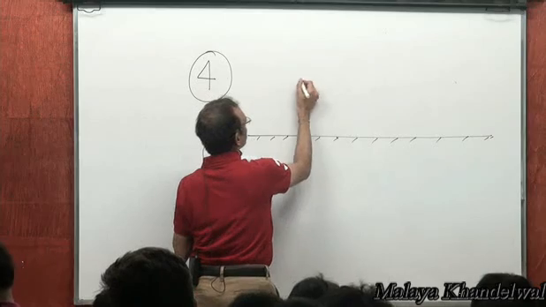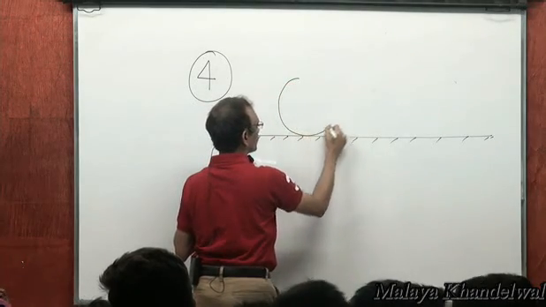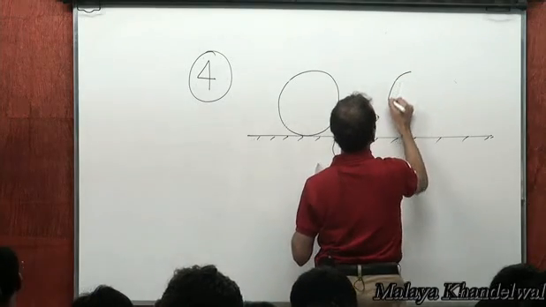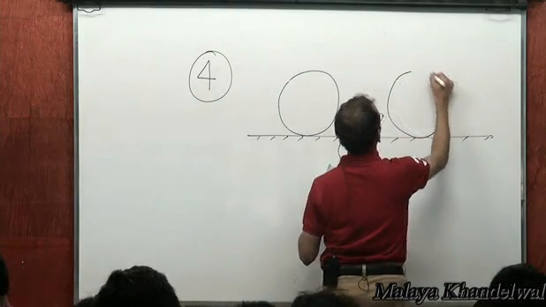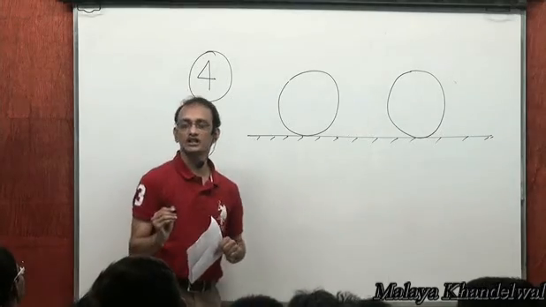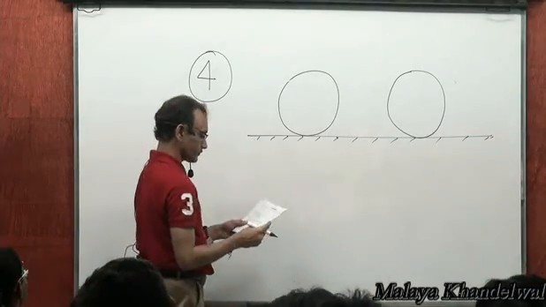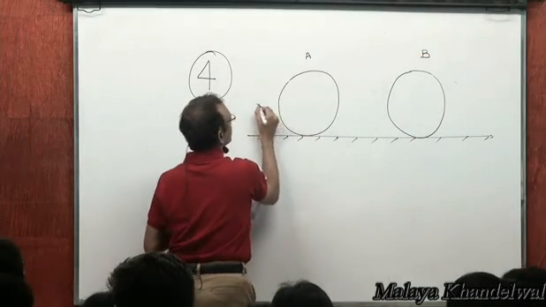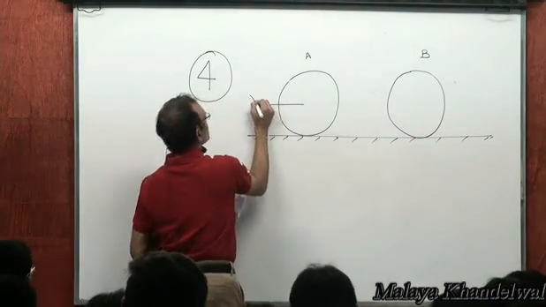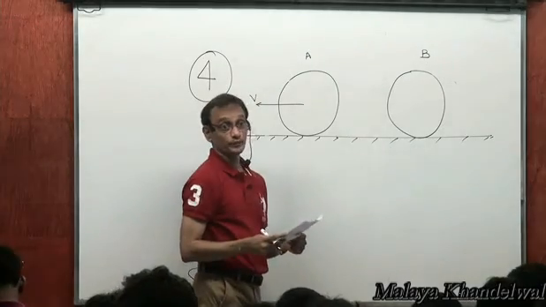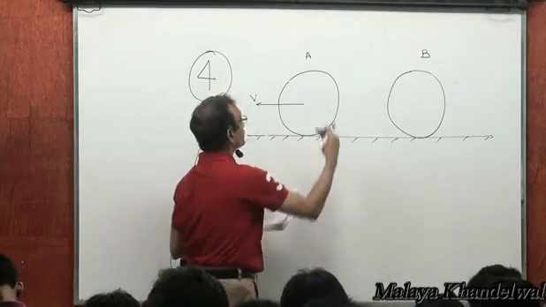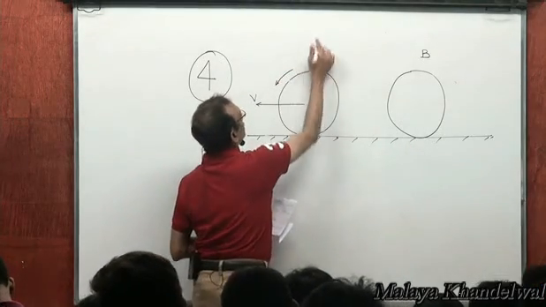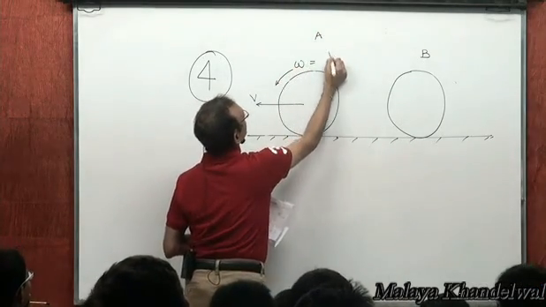And there are two spheres on this conducting plane, sphere A and sphere B. This is in a state of pure rolling, with the center of mass having a velocity v, and therefore if it's in a state of pure rolling, then the angular velocity of this must be v by r.